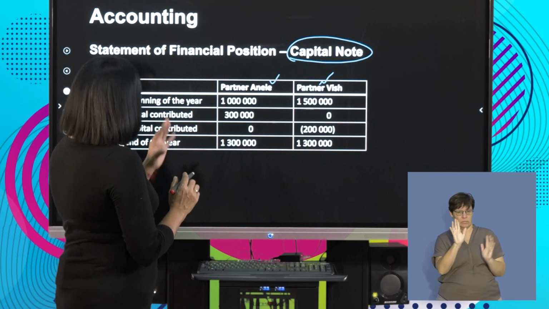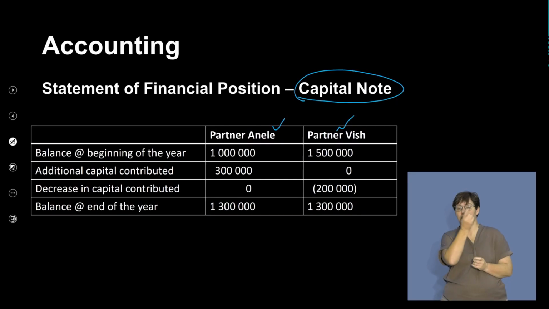In this note, I am going to show their capital balances at the beginning of the financial year. In the example in front of you, partner Anele contributed 1 million, while partner Vish contributed 1.5 million. So obviously these are their opening balances at the beginning of the year.